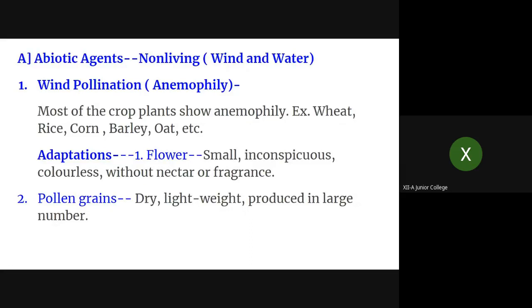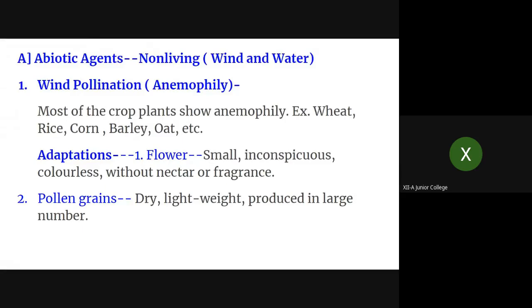Now, what are the adaptations seen in these types of plants? One by one we'll discuss. First is flower. Now, what type of flowers are these in case of anemophily? Anemophilous flowers are very small, inconspicuous, colorless, without nectar or fragrance. You know why? As wind is the agent, there is no need for the flower to be very large.